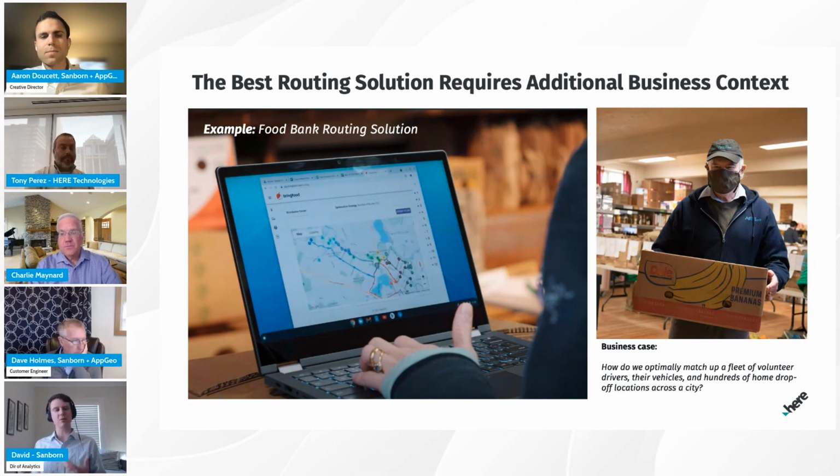And really, oh, well, this is great. We'll just toss it into a routing solution and let that answer spit out and optimize across all these drivers. But the reality is their business context, that specific thing that they needed to take into account when solving this problem, was they wanted to leverage all of the people that wanted to help. The optimum for them was to use all the drivers and balance these deliveries across multiple vehicles and the abilities of those respective drivers to actually carry maybe larger items or heavier things like water, for example, versus other items which were more manageable.